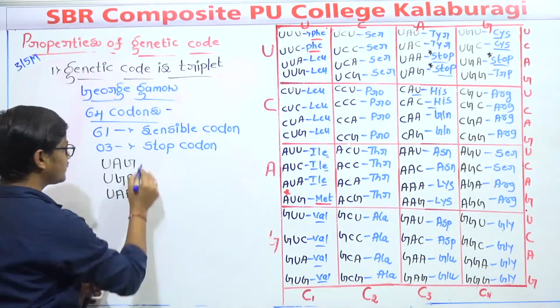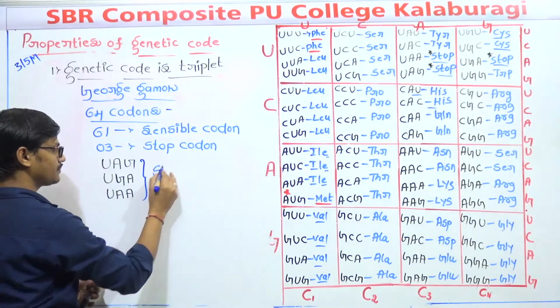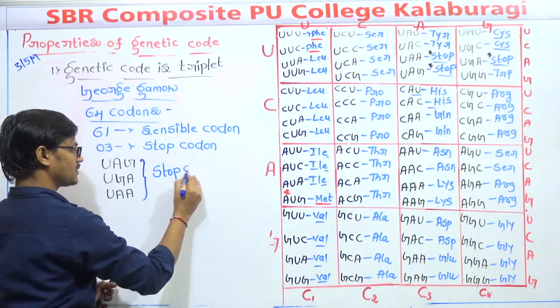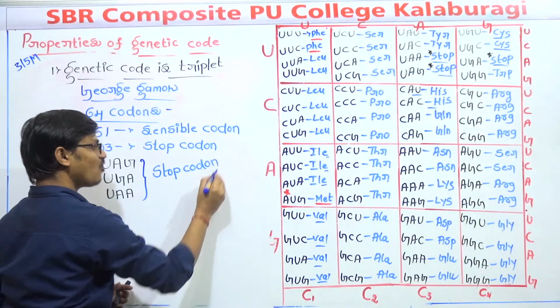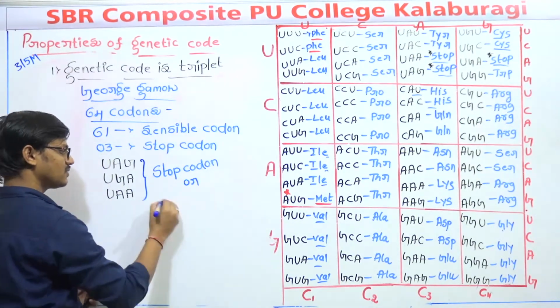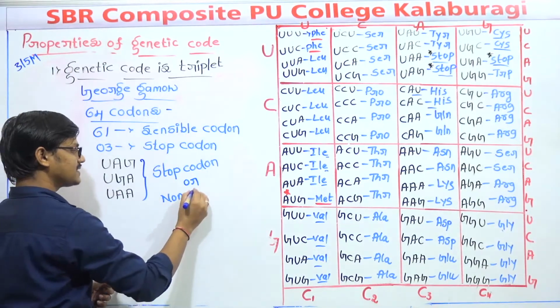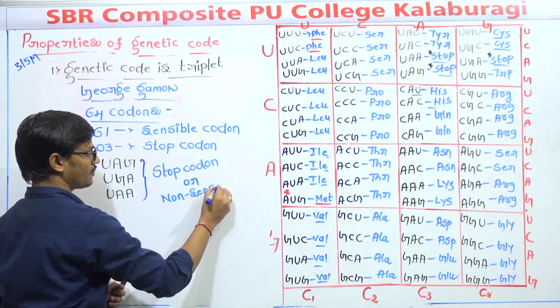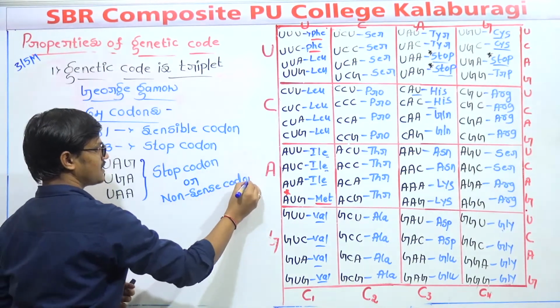These three are stop codons. They have another name. They are also called nonsense codons.